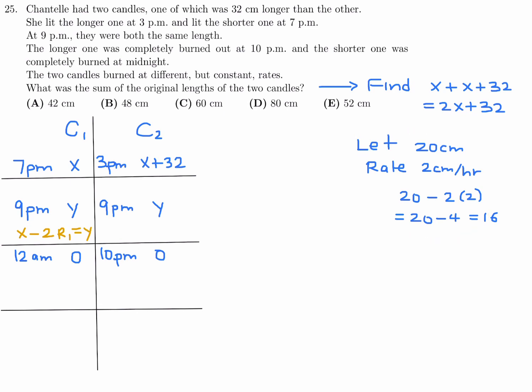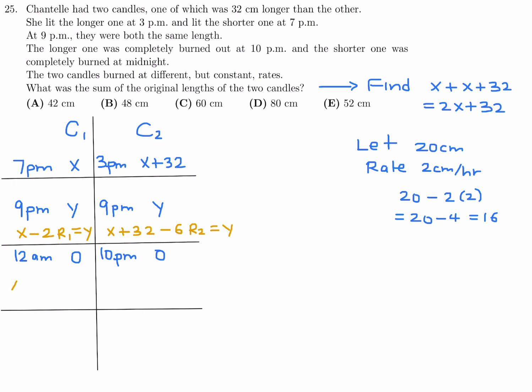And then similarly for C2, that is 6 hours, right? 3 p.m. to 9 p.m. It'll be x plus 32 minus 6 times R2, where R2 is the rate that candle 2 burns at. All right? And then for this guy right here, 0, that is 7 to 12 is 5 hours.